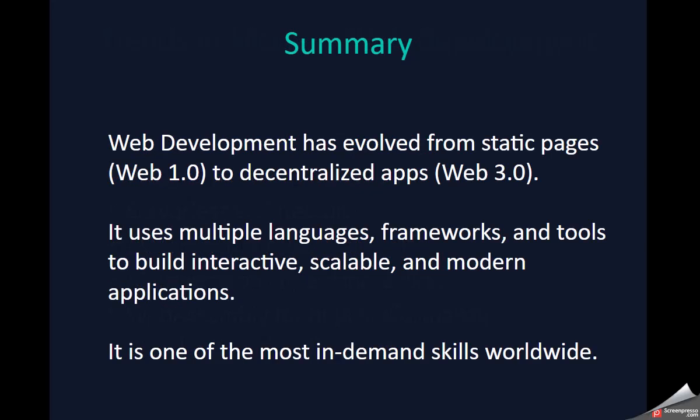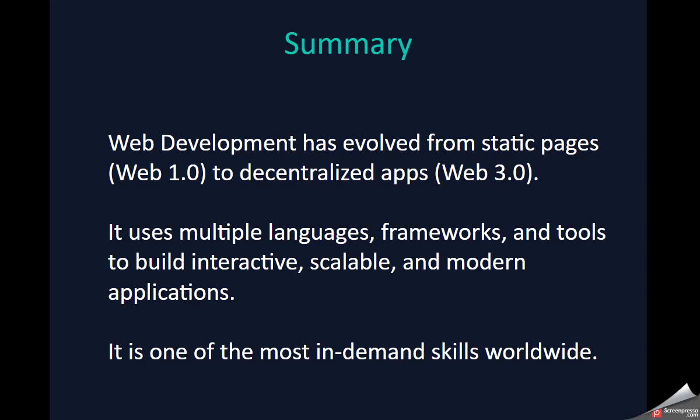So that is it. In summary, web development has evolved from static pages, which is Web 1, to decentralized apps, which is Web 3. I think this is the current stage we are in. Web 4 is still the future. It uses multiple languages, frameworks, and tools to build interactive, scalable, and modern applications.